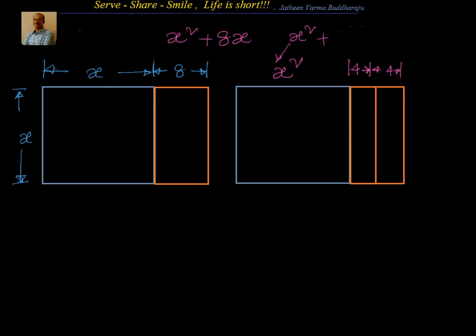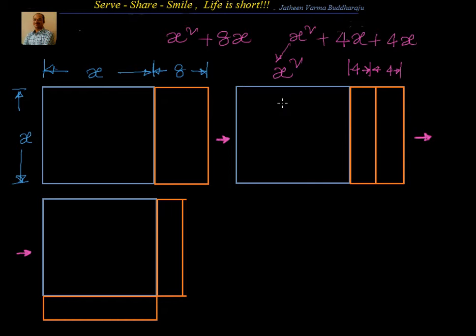I'll write it down. x square plus 4x plus 4x. Now, the same thing I can rearrange them in such a way that I can see what is the term which is missing to make it as a perfect square. Let's go to the next step.